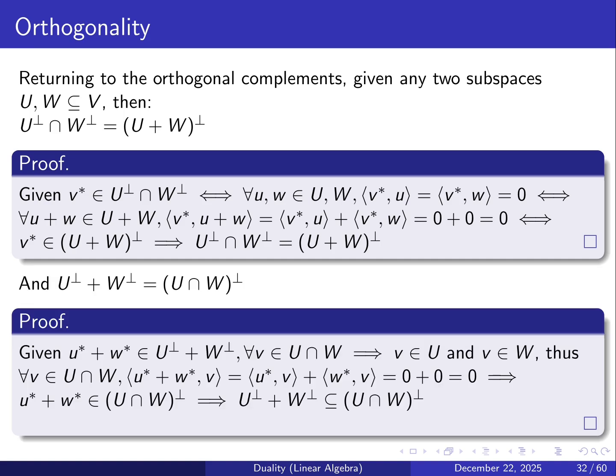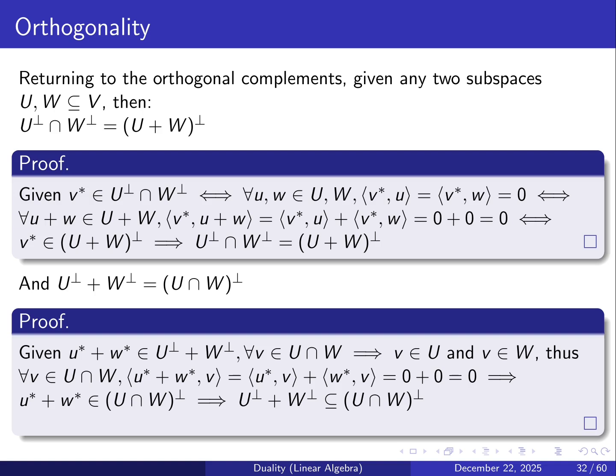And similarly, we can show that U complement plus W complement is equal to U intersection W complement. Given the vector U star plus W star in U complement plus W complement, for all V in U intersection W, we have U star plus W star scalar product V is equal to U star scalar product V plus W star scalar product V, which will be equal to 0. That implies that U star plus W star is in U intersection W complement.